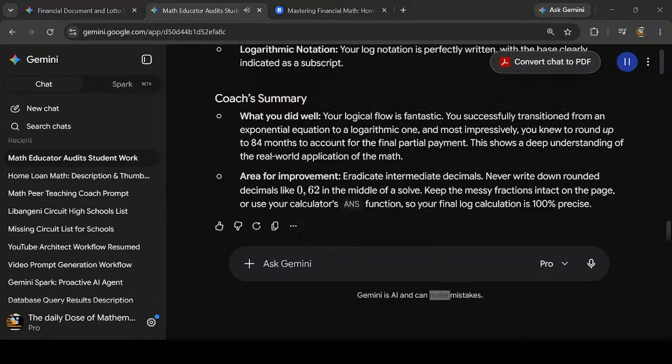You successfully transitioned from an exponential equation to a logarithmic one, and most impressively, you knew to round up to 84 months to account for the final partial payment. This shows a deep understanding of the real-world application of the math. Area for improvement: eradicate intermediate decimals. Never write down rounded decimals like 0.62. Keep calculations 100% precise.